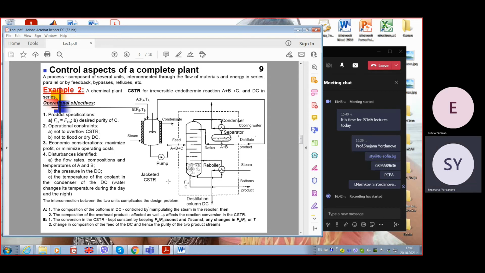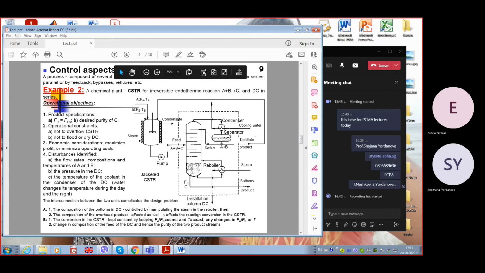So the objective to keep maximal flow rate of C at the bottom with high purity highly depends on the conversion rate of A and B in this jacketed continuously stirred tank reactor. So the idea is to preserve this constant ratio and constant temperature, but however the impurity, which is not constant, is different and violates both.